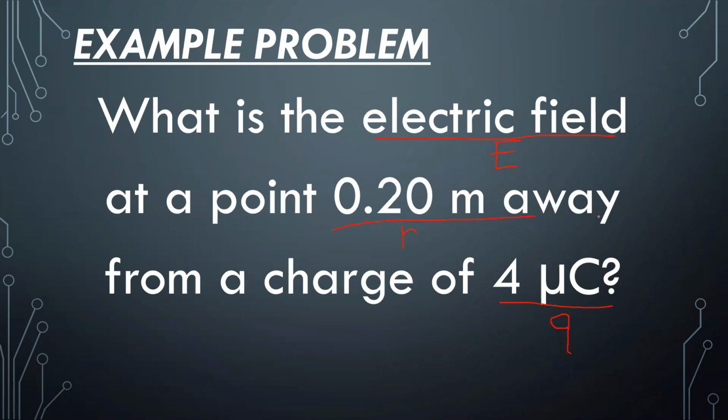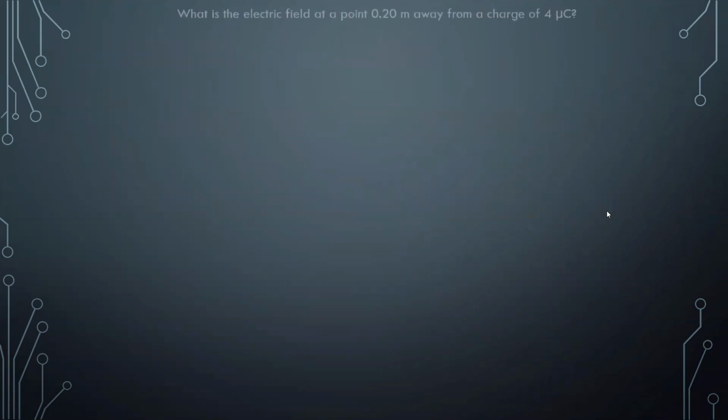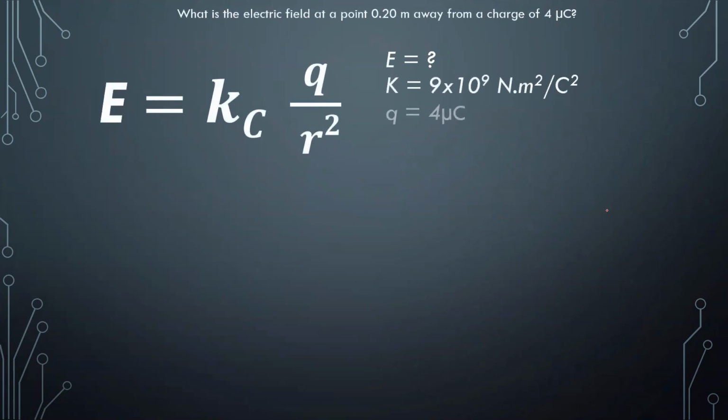Using the equation E is equal to k sub C times Q over R squared, E is the unknown, k sub C, or the constant, is 9 times 10 to the power of 9, Q is 4 microcoulomb and R is 0.20 meters.